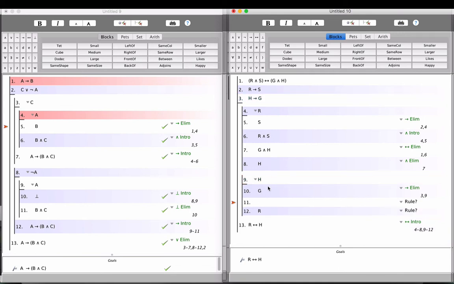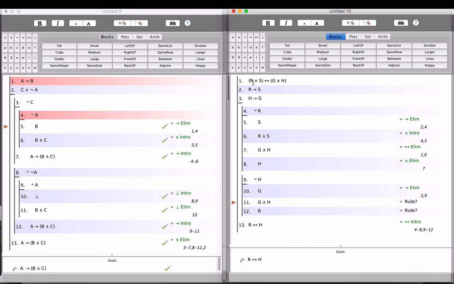So I'm going to assemble G and H. And how do I know that I want to do that? Well, remember, working backward, we know we want R, right? Similarly to not being able to pull H off the arrow at line 3, we can't pull R off the arrow at line 2.